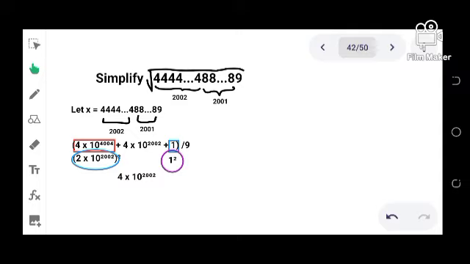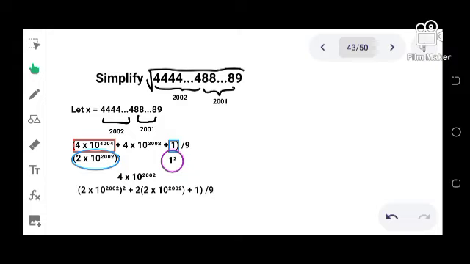So this means the expansion 4 times 10 raised to the power of 4004 plus 4 times 10 raised to the power of 2002 plus 1 all over 9 is a perfect square trinomial that can be written in the form of 2 times 10 raised to the power of 2002 quantity squared plus 2 times 2 times 10 raised to the power of 2002 plus 1 all over 9.